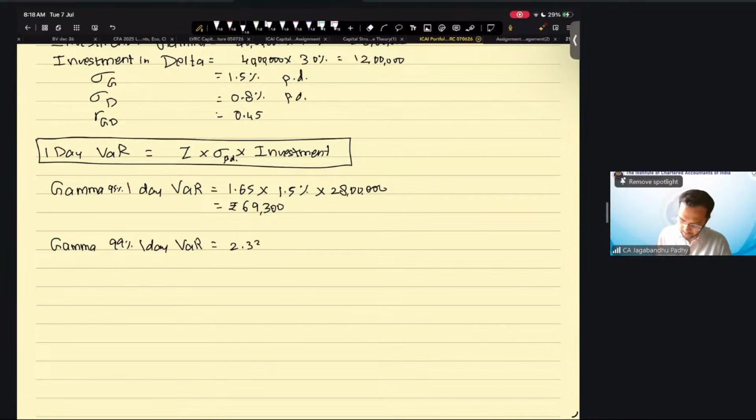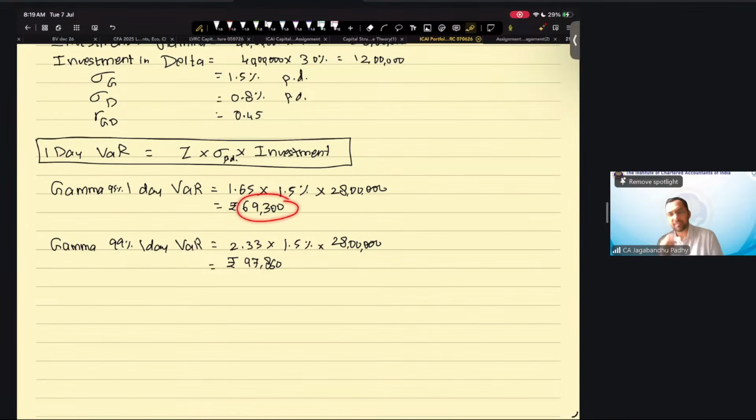So this is 2.33 into 1.5% into 28 lakhs. What is this number? 97,860. This is the value at risk.